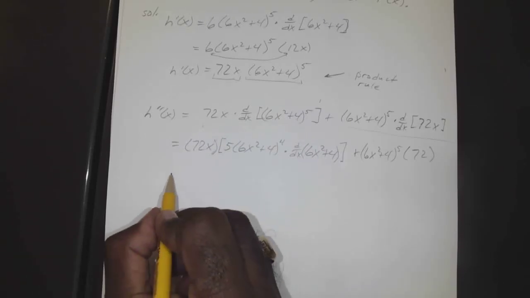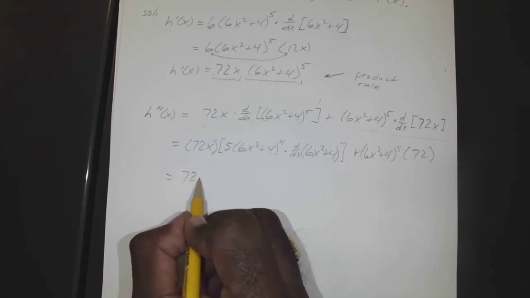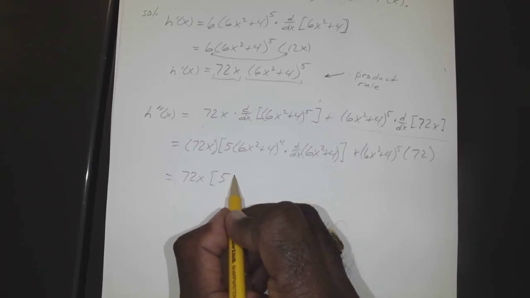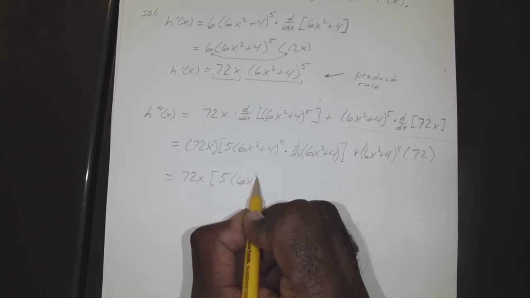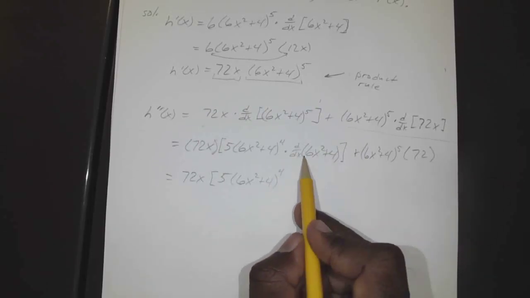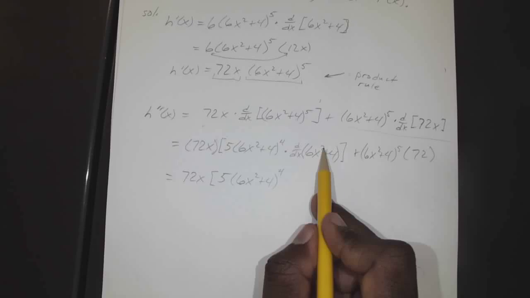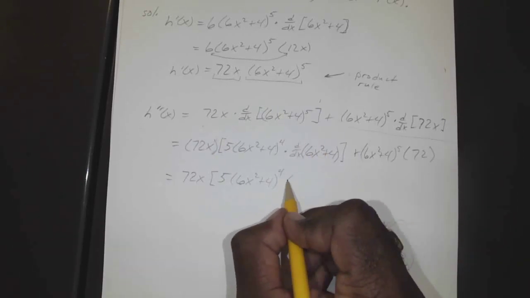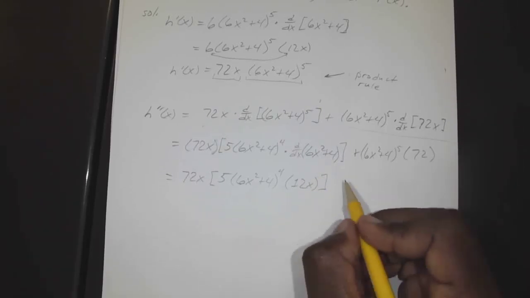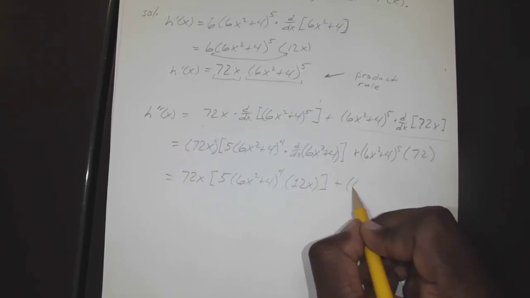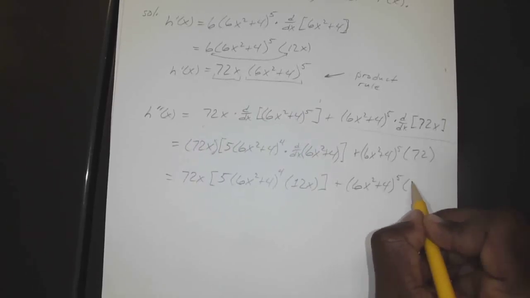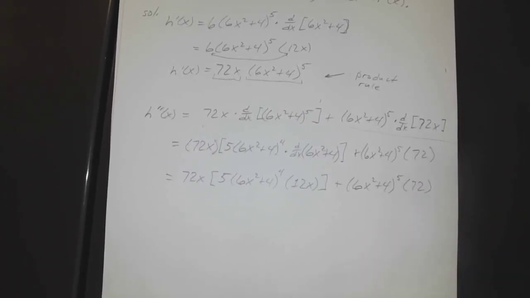All right, so that leaves us with 72x times 5, 6x squared plus 4 to the 4th, and the derivative of 6x squared plus 4 is 12x, plus 6x squared plus 4 to the 5th times 72.